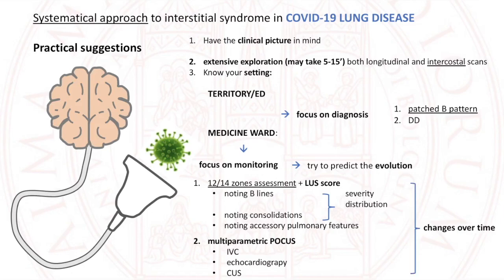But what is most important is to record changes over time of these findings, to predict how the patient is going, and to know when to call an intensivist and when to move the patient to a more high intensive setting.